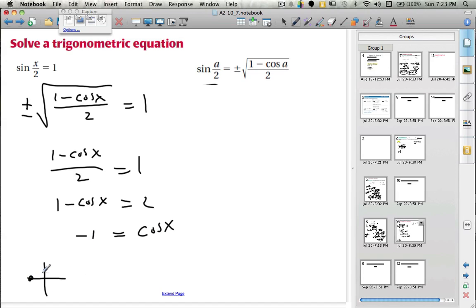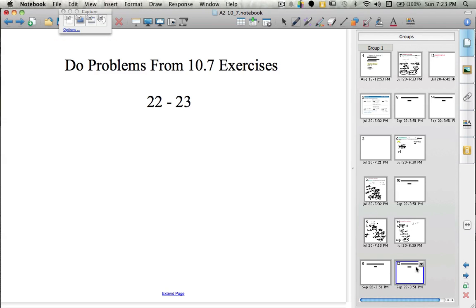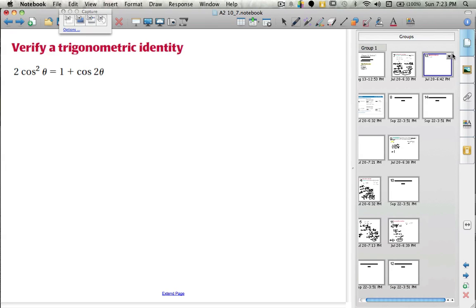That's going to be over here. That's where it is negative 1, so x is equal to pi. Okay, again, pretty straightforward stuff. Substitution and simplification. Try those problems 22 and 23. Hop on back, we'll finish out the lesson.